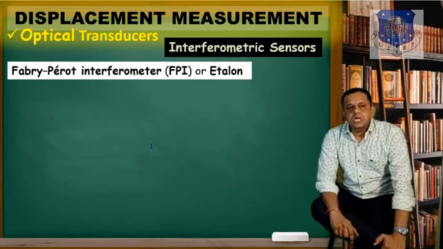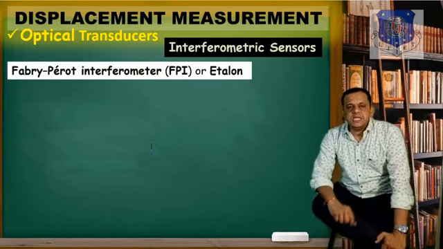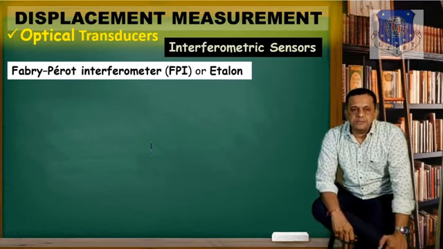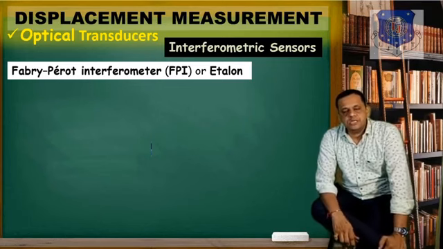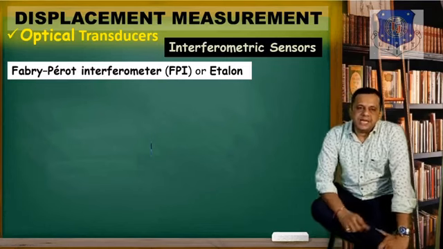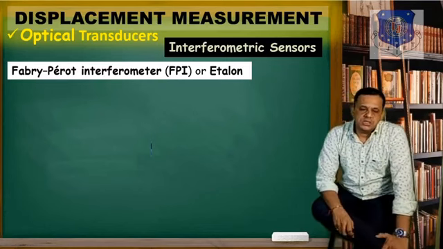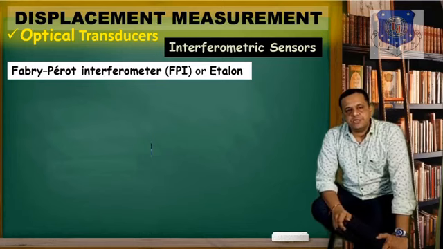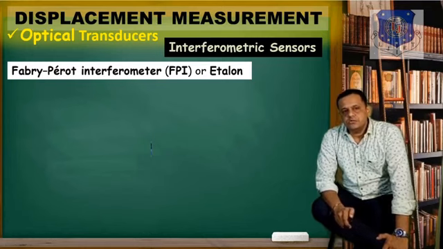Now, the specific type of interferometer, that is the FPI, Fabry-Perot interferometer, also known as the etalon. This is one of the important topics, specifically covered in the paper, so we will be looking into this also.